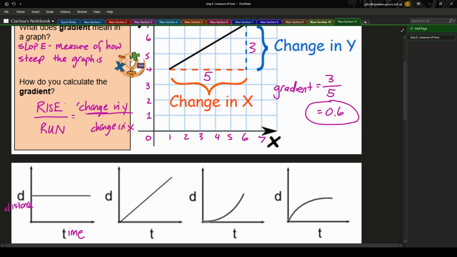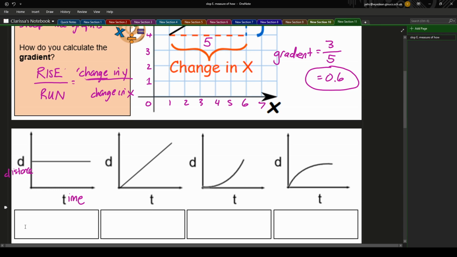So let's start on the left-hand side here. You'll notice that as time increases, as time goes up along the x-axis, the distance isn't changing, right? It's not going up, it's not going down. The distance isn't changing, even though time is passing.